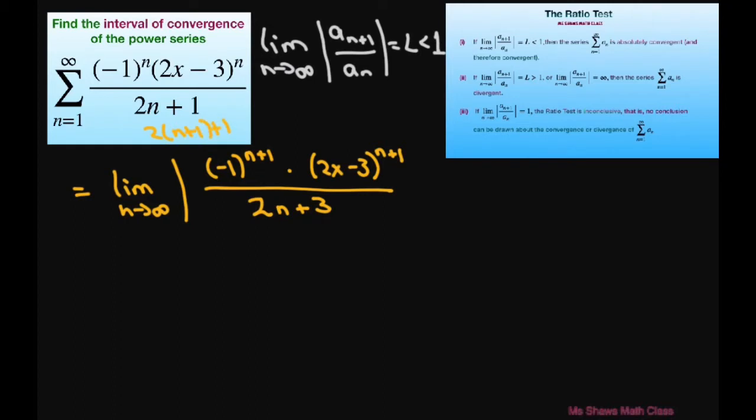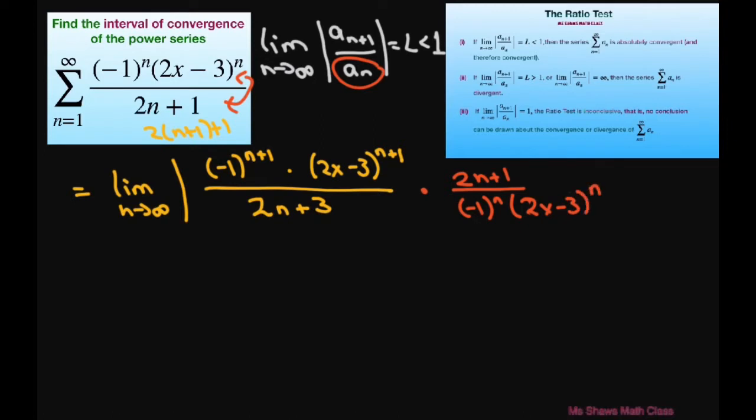Now we're dividing by a sub n, which is the same as multiplying by the reciprocal. So we're going to have 2n plus 1 divided by negative 1 to the power of n times (2x minus 3) to the power of n.